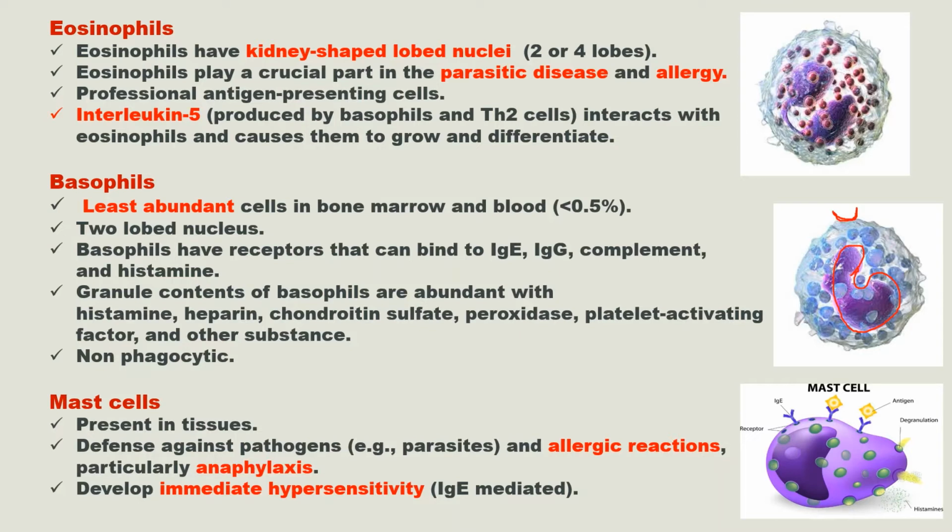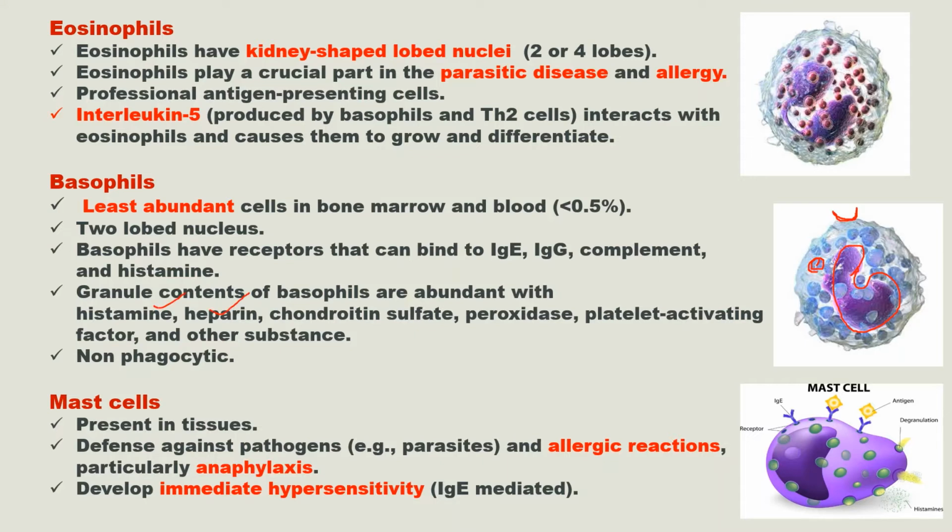Granule contents of basophils are abundant with histamine, heparin, chondroitin sulfate, peroxidase, platelet activating factor and other substances. You have to remember at least histamine and heparin.